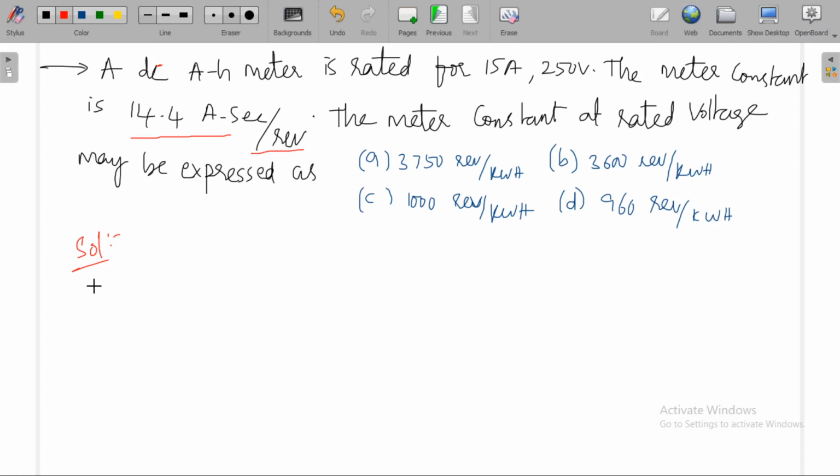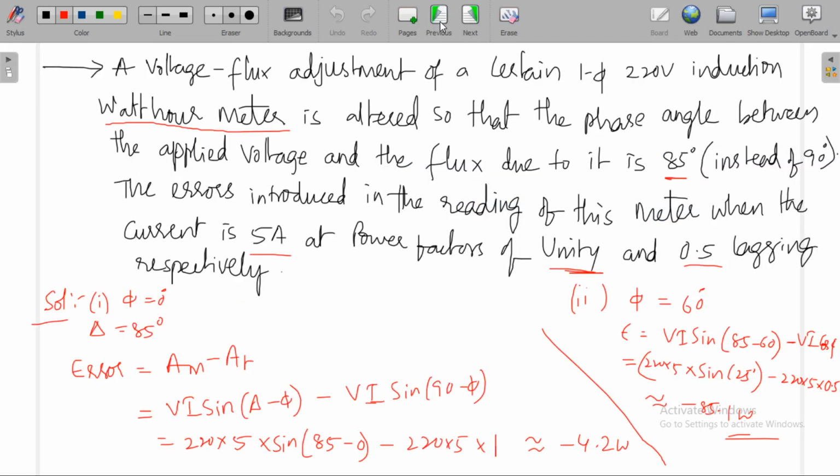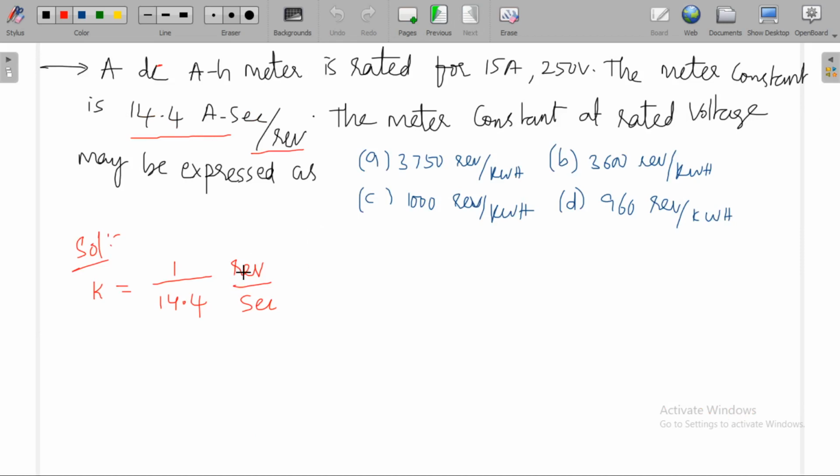So meter constant K will be equal to 1 by 14.4 revolutions per ampere second. I have to get this K in revolutions per kilowatt hour.